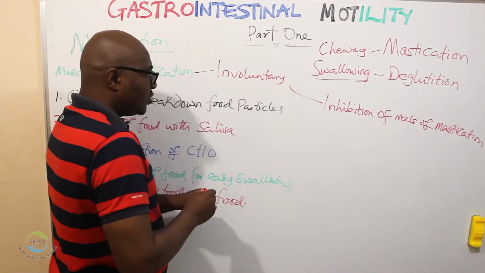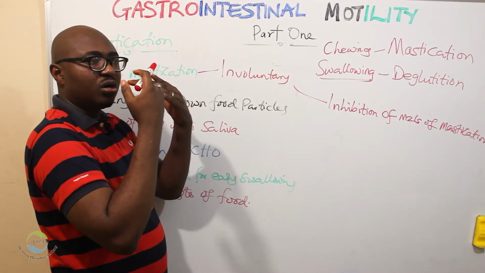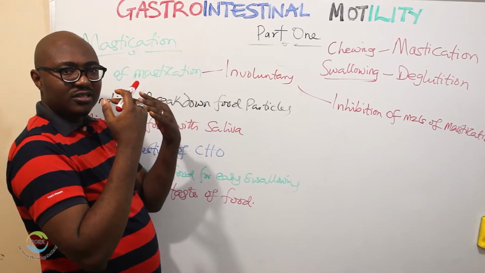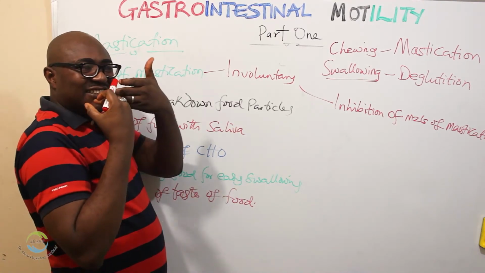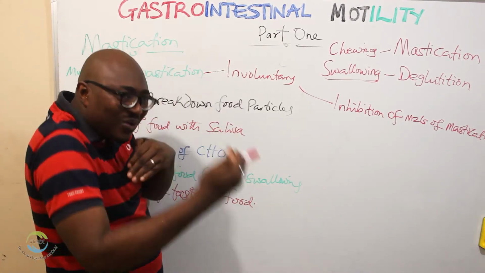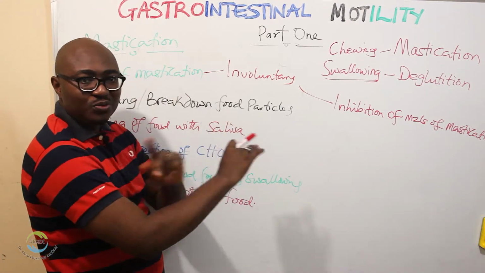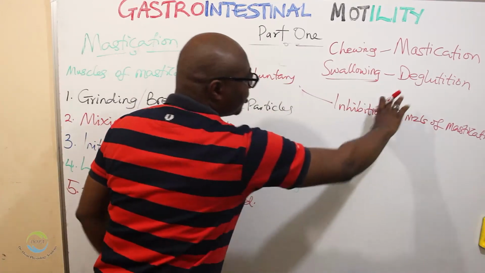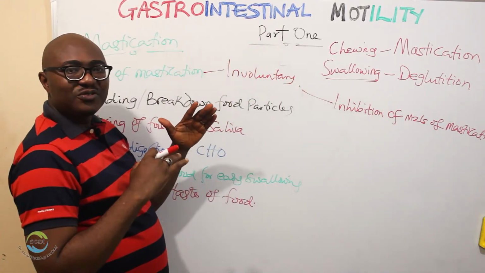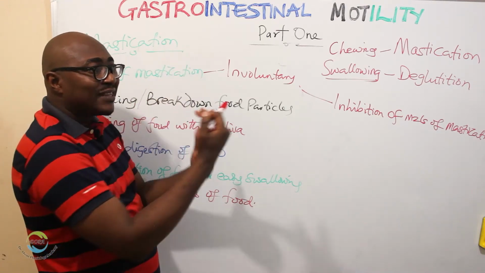Okay? So when there's inhibition of the muscles of mastication, the jaw drops. But when the jaw drops, it stretches another set of mechanoreceptors. So there are 2 different sets of mechanoreceptors. This first one inhibits the muscles of mastication, which makes the jaw drop down.